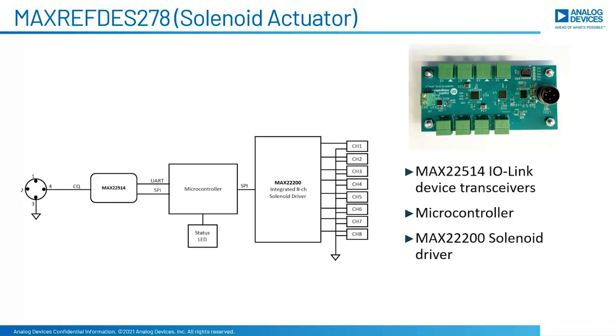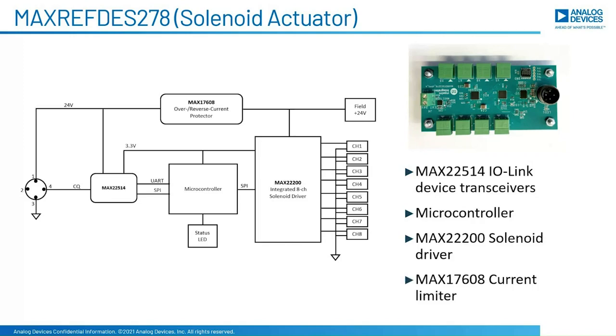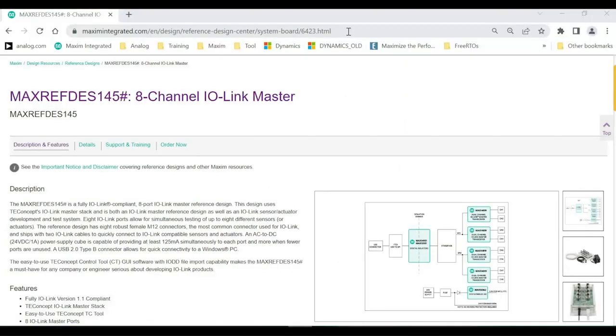This reference design can be powered either through the IO-Link master or from an external power source. To make sure no current flows back to the IO-Link master, this design uses the MAX17608 current limiter.